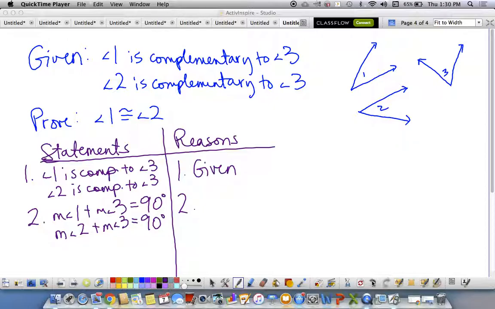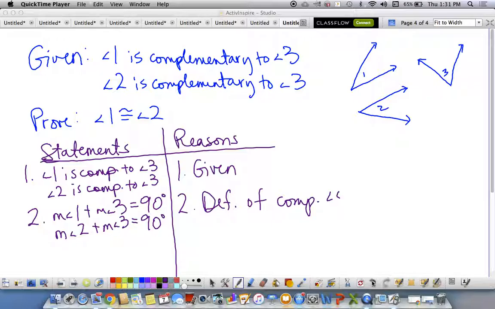Do they have to be postulates and theorems? Could we just say all those little blue words that I make you write down? Because we're really just trying to prove this. Why could we do this? Is it just simply the definition of what?